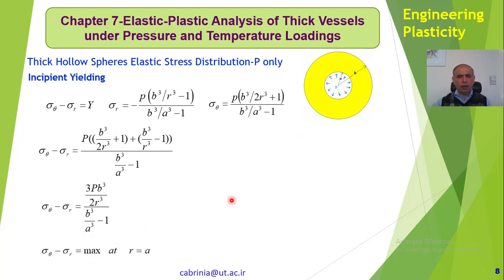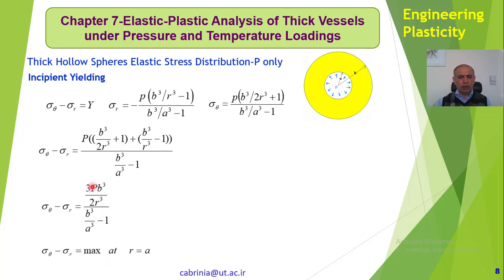And obviously sigma theta minus sigma r is maximum at r equal to a, because in here you can see that if you put a in here, the smallest value gives you the largest value for sigma theta minus sigma r.